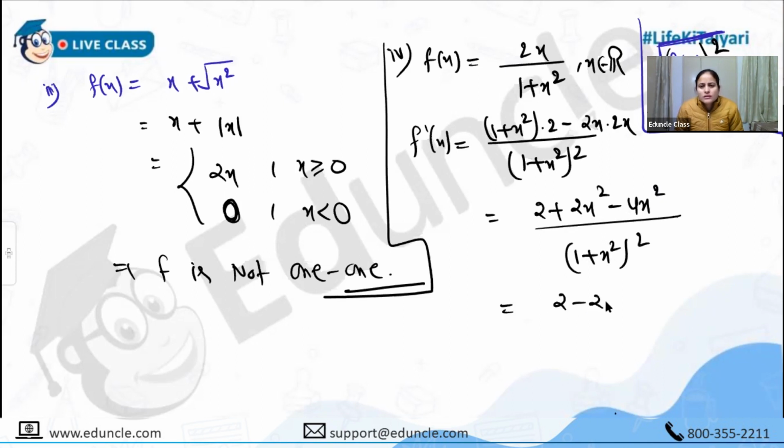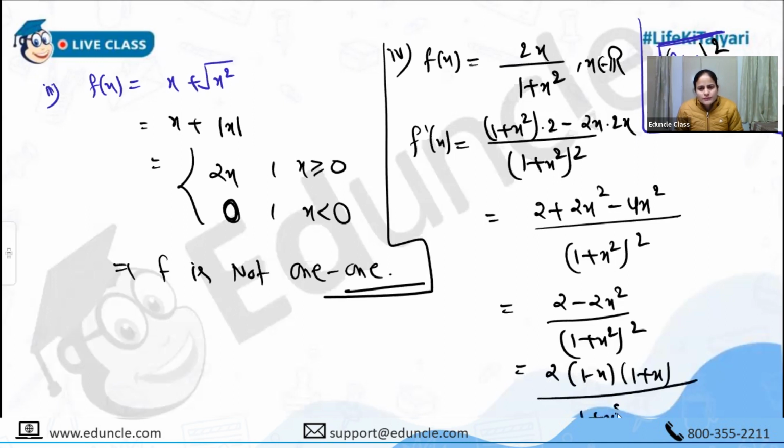Okay, so 2 minus 2x square upon 1 plus x square to the whole square. Simply 2 times 1 minus x, 1 plus x. So look at here. My function is not increasing or decreasing on overall R. That's why my function is not 1 to 1.